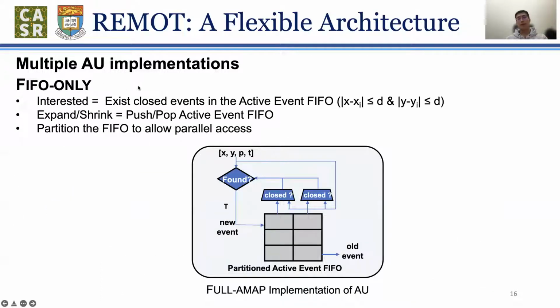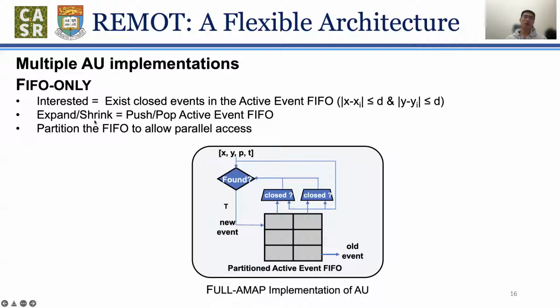In the last implementation, FIFO only, we actually use an equivalent model of the AU without explicitly using the attention map. We only use the FIFO. So the interest operation is defined by traversing all the collected active events in the active event FIFO to find out whether there is a close event within the D by D area.